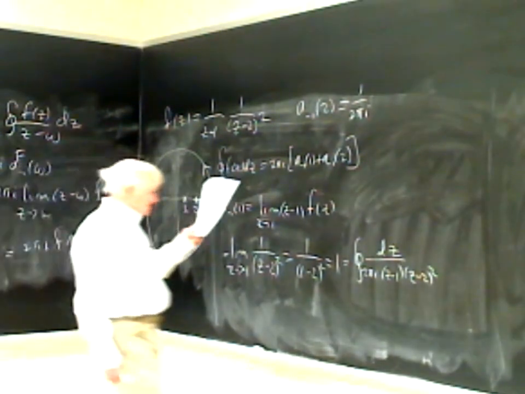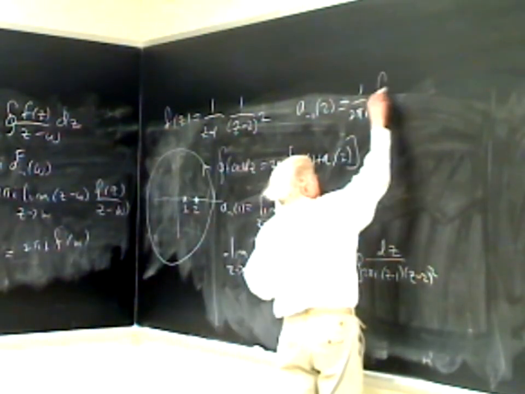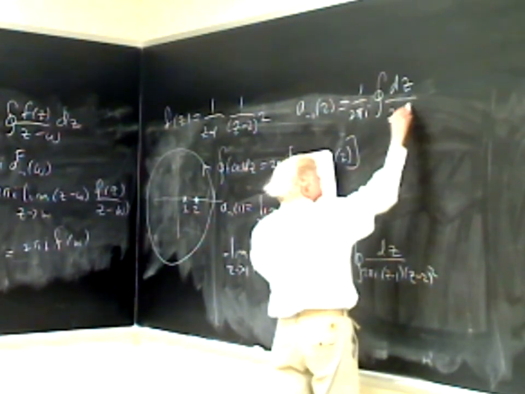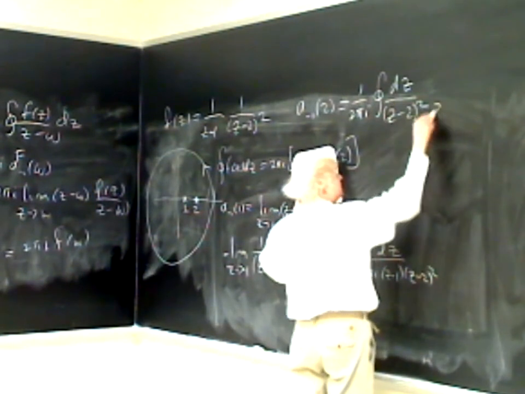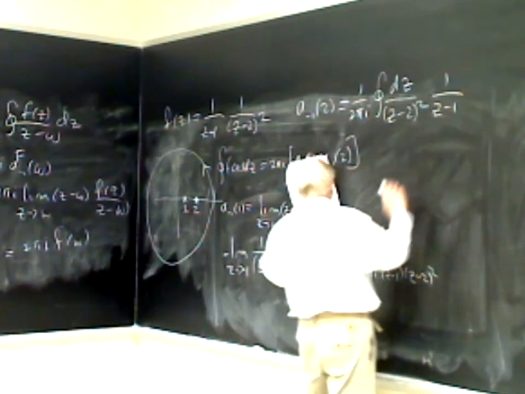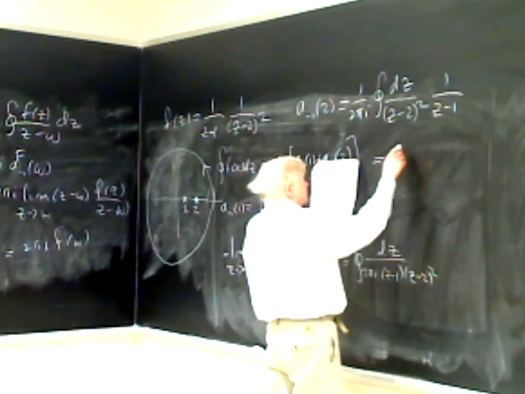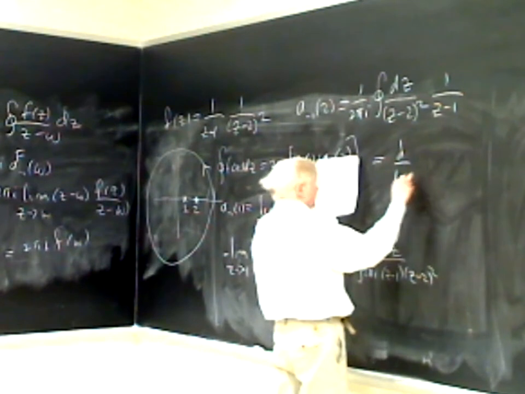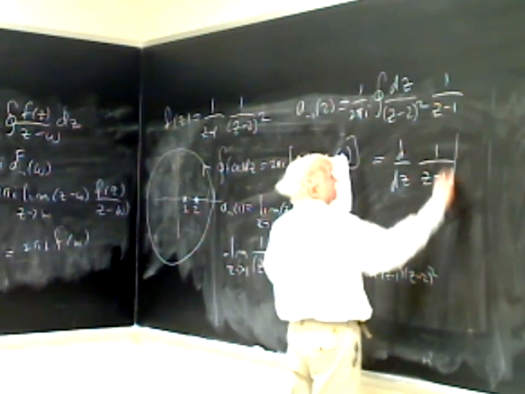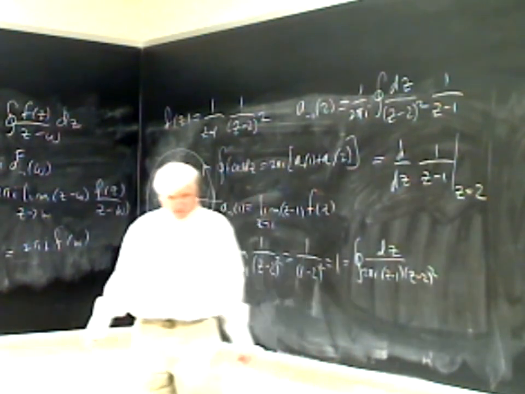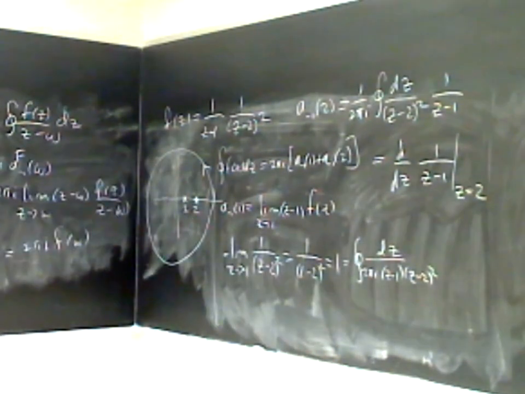So instead we have to do the integral dz over z minus 2 squared times z minus 1. Well, by Cauchy's integral formula, this is d by dz of 1 over z minus 1 evaluated at the point z equals 2. Every time I see formulas like that, I think, God, this is amazing.